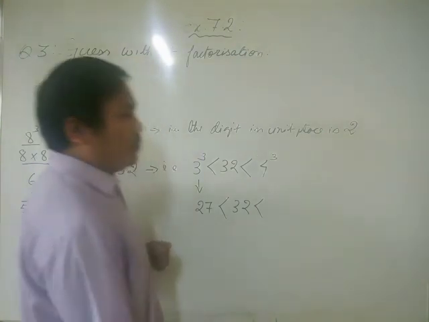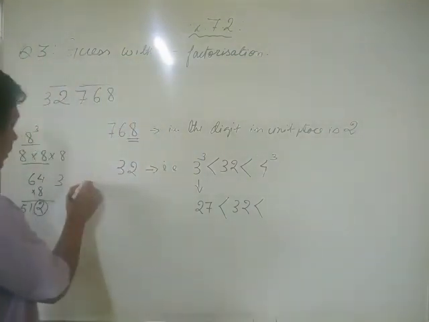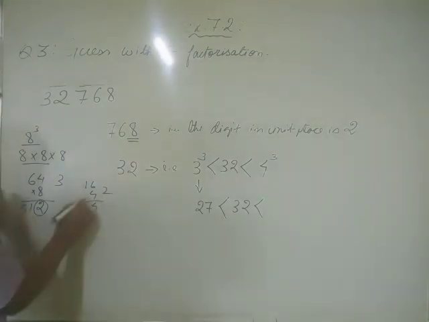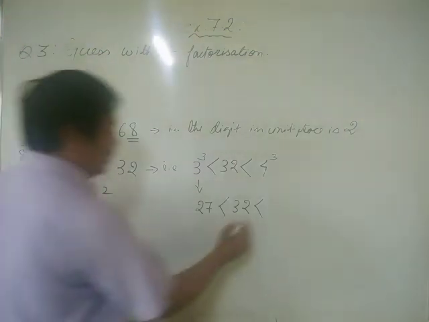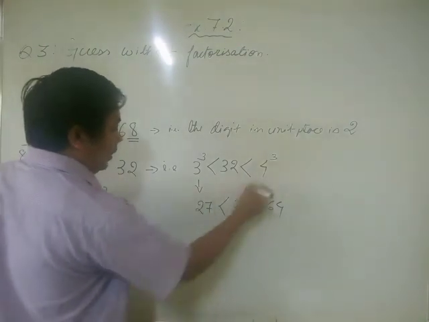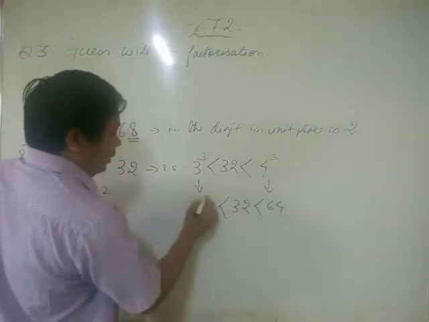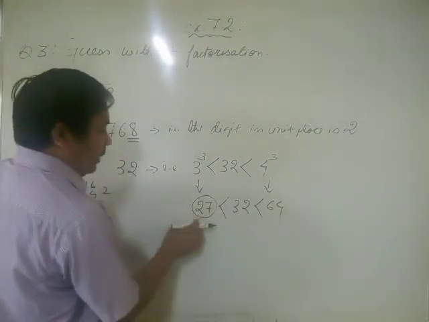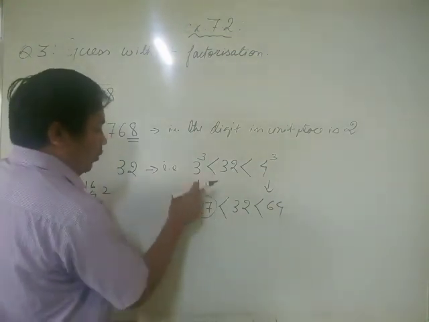4 cube, how much? 4 4s are 16, 4 6s are 24, 2 in hand, 64. You got 64. So the number 32 is between the cube of 3 and the cube of 4, and we take the smaller one, 27, not the bigger one. Which cube is 27?